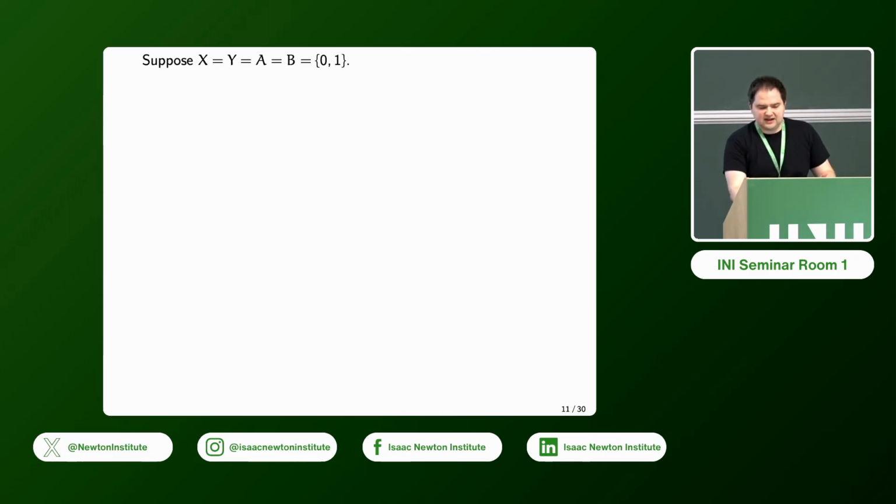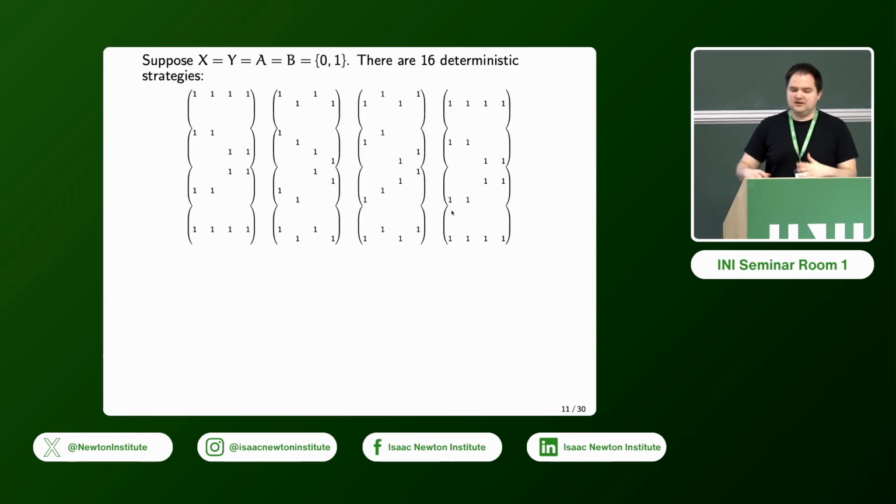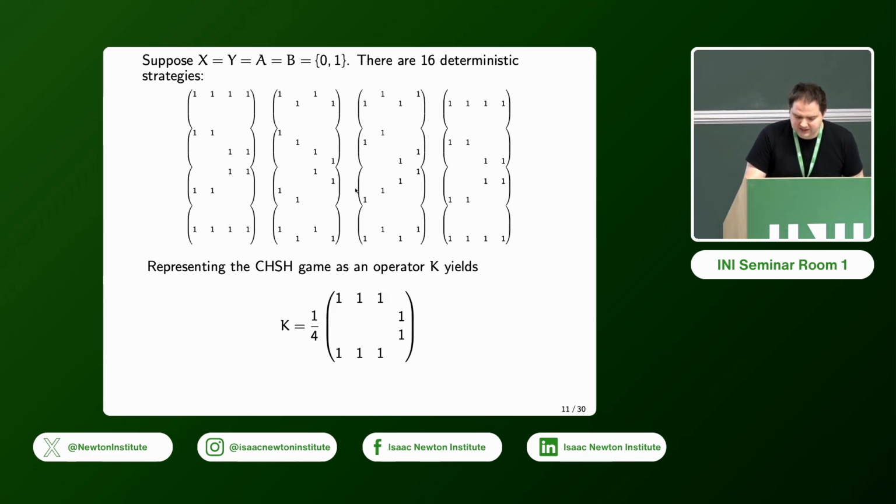As an example, suppose that our questions and answers are just 0 and 1. Then there are 16 possible deterministic strategies, which is not hard to work out. And then, for example, the CHSH game represented by an operator yields this kind of matrix.